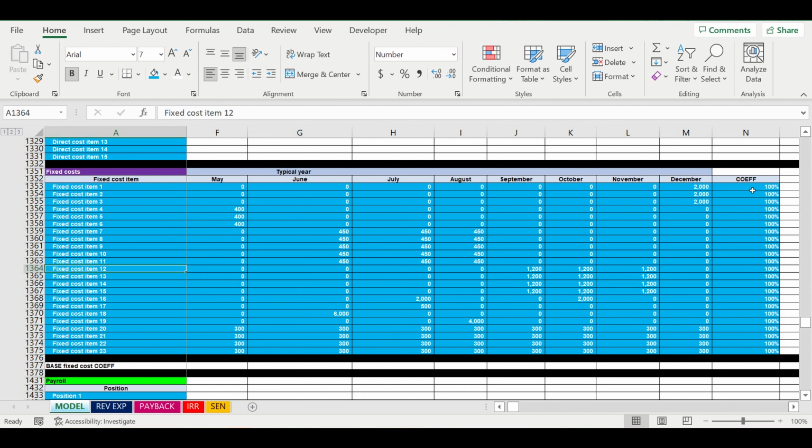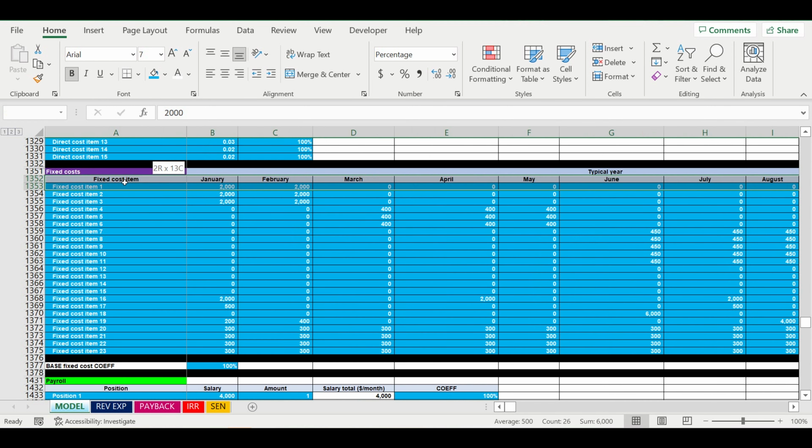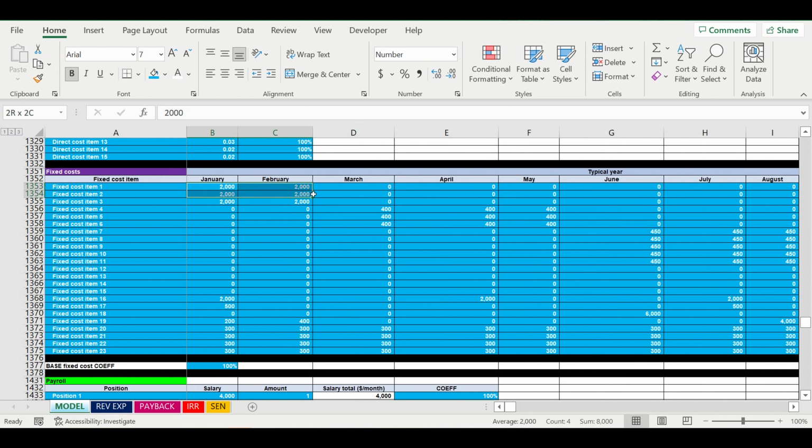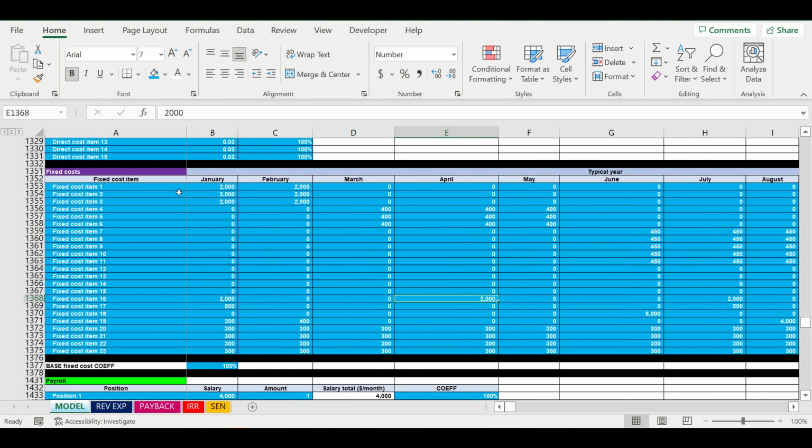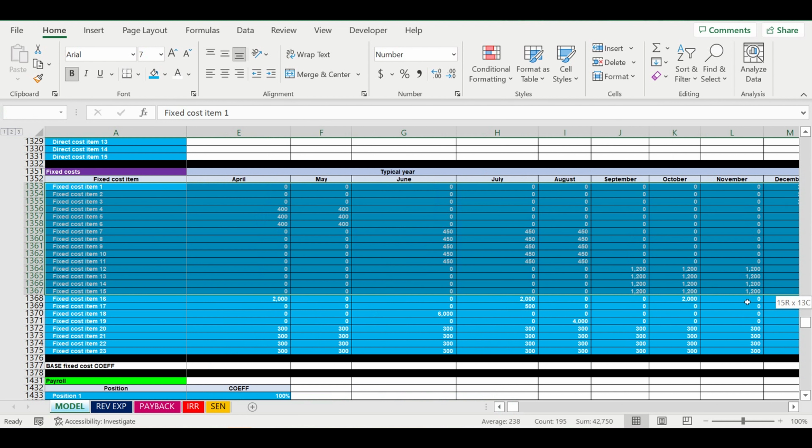We also have a coefficient to apply if we want to increase or decrease the value of these expenses by some percentage. Some expenses will occur in winter, some in spring, some in summer, some once in 3 months, or by specific algorithms, so we can play with this algorithm inside.